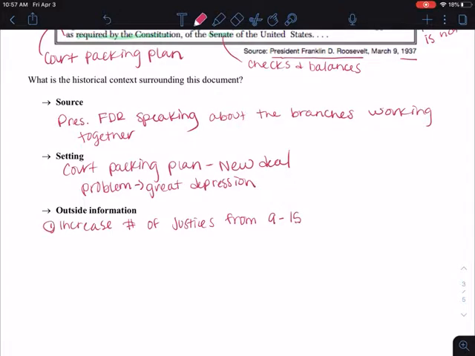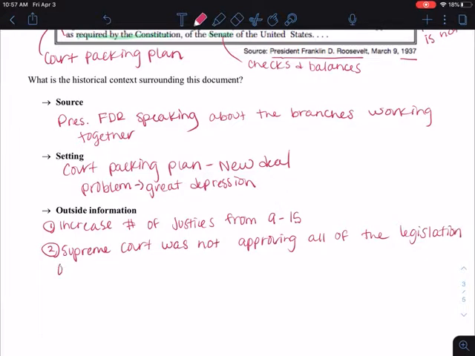And again, we want to know the answer of why is FDR doing this. Well, he's doing this because the Supreme Court was not approving all of the legislation of the New Deal. And FDR says, if you're not going to work with us, then you are against us.